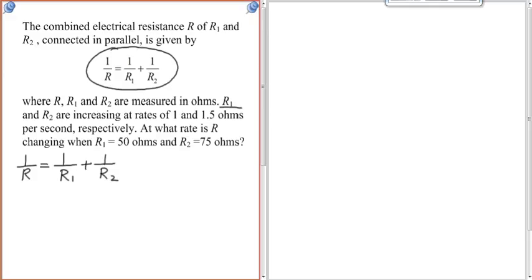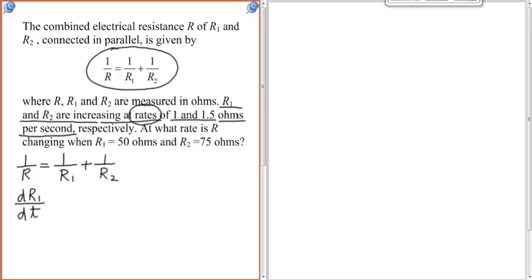R1 and R2 are increasing at a rate. We are talking about the rate of change, the derivative. So we have dR1 by dt and dR2 by dt, of 1 and 1.5 ohms per second.